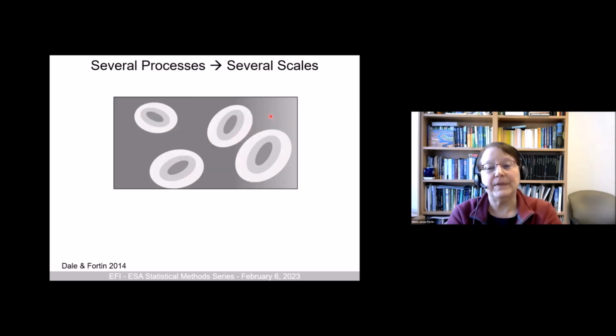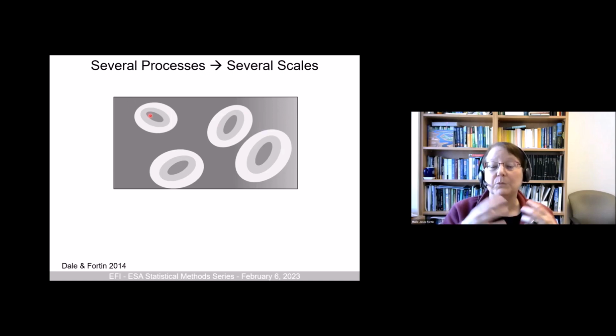Then, it could be that there is more than one process, like Jody was presenting at the beginning. Now we have access to much larger datasets over a larger region. So what is going to happen is that maybe you have a large scale, but there could be some kind of patchiness as well.